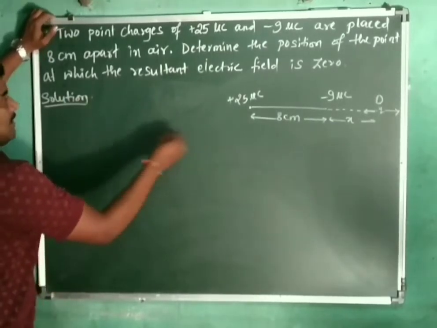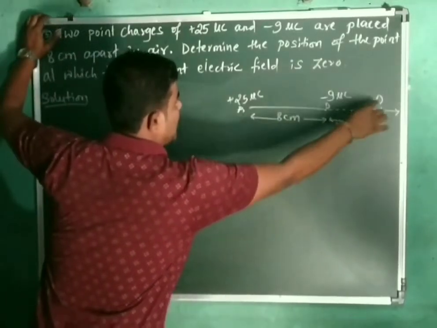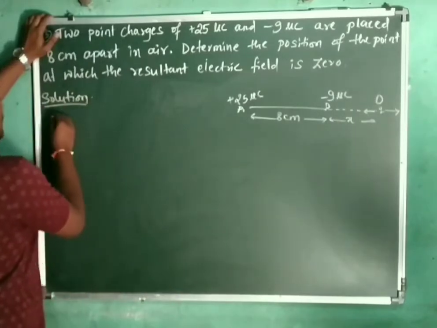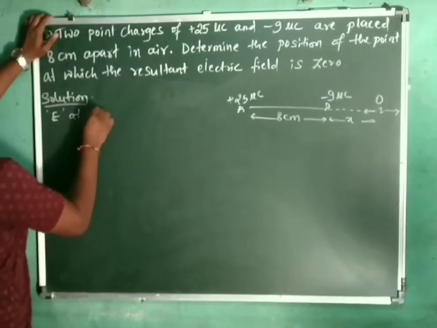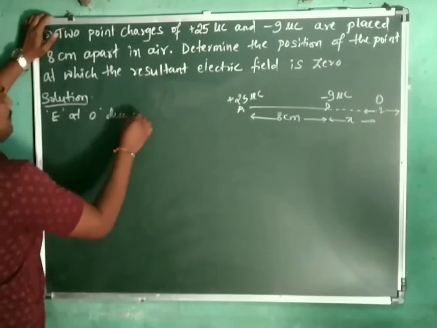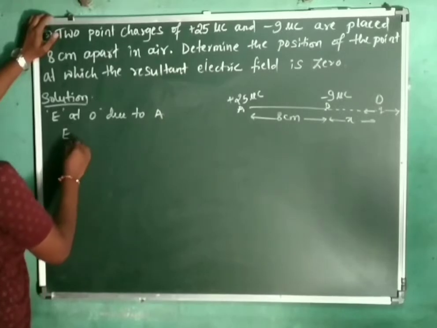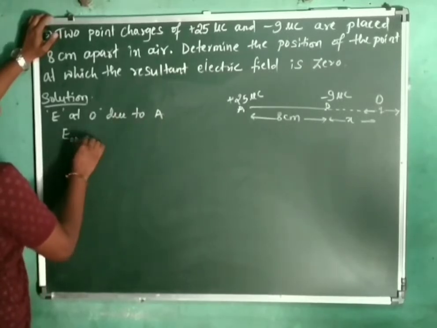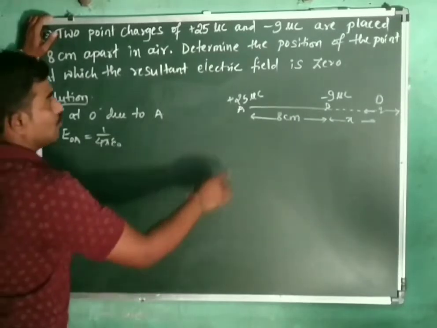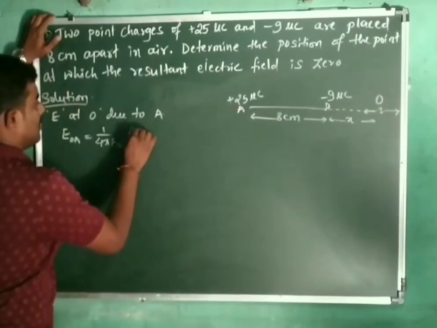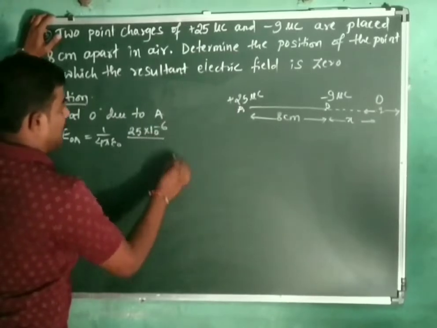Let us call this point A, this point B and that point O. Electric field intensity at O due to A is EOA equal to 1 divided by 4 pi epsilon naught Q, where Q is 25 microcoulomb, that is 25 into 10 to the power minus 6, divided by R square.